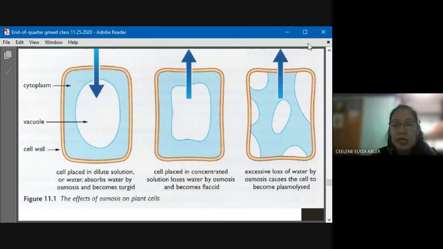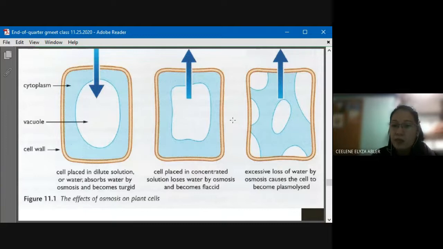So this is an area where you have a hypertonic solution. For example, this is an area with too many solutes, and this is an area without many solutes. So this is a hypotonic solution inside, and you have a hypertonic solution outside.